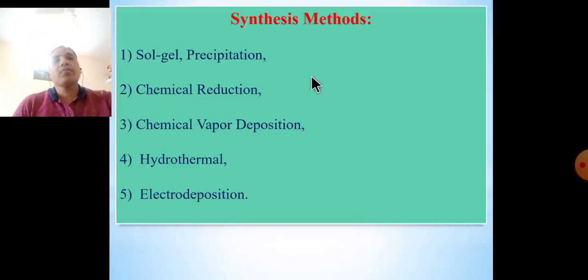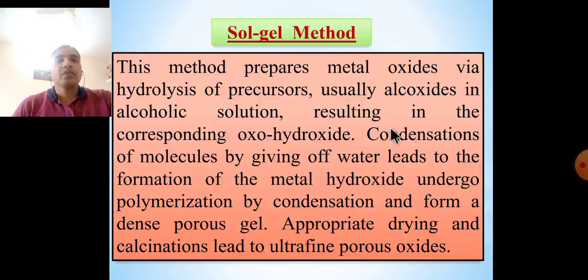The synthesis methods of nanoparticles are: first, sol gel method; second, precipitation; chemical reduction method; chemical vapor deposition method; hydrothermal method; and electro deposition method. First, the sol gel method. In this method, metal oxide is prepared via hydrolysis of a precursor, usually an alkoxide, in alcoholic solution, resulting in the corresponding oxohydroxide.